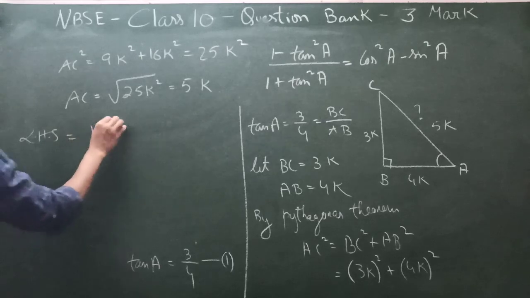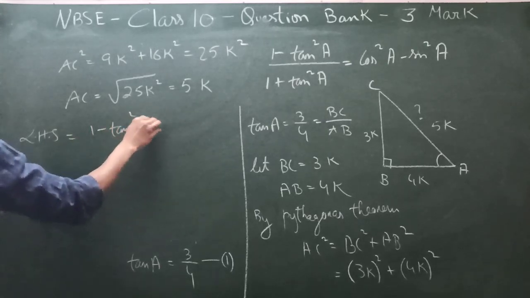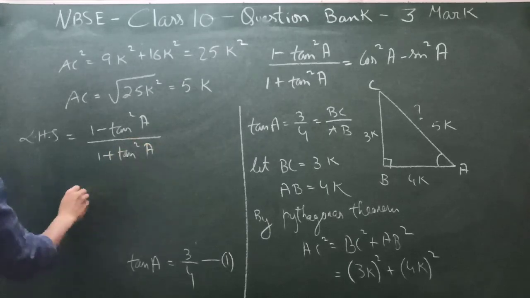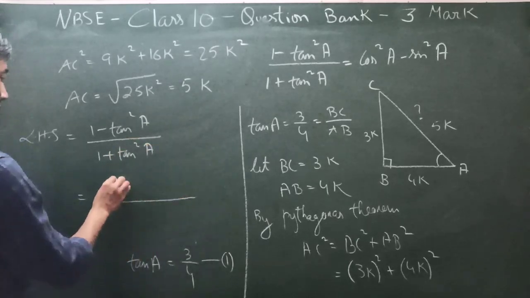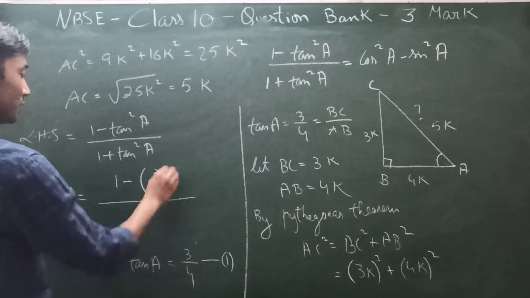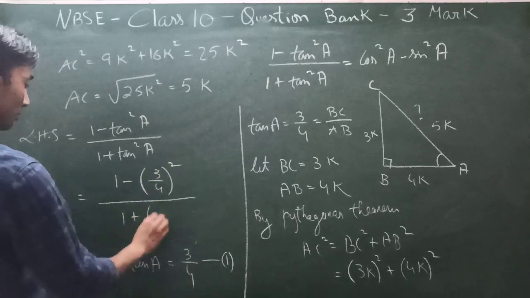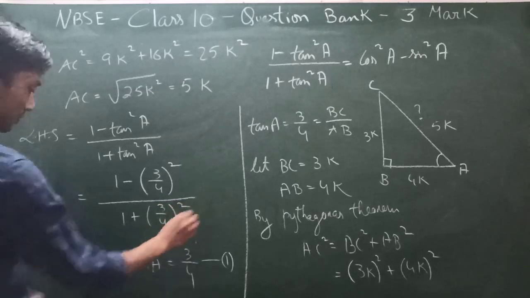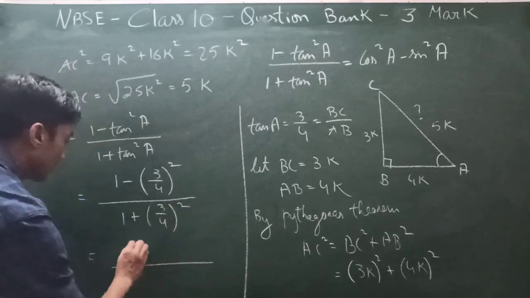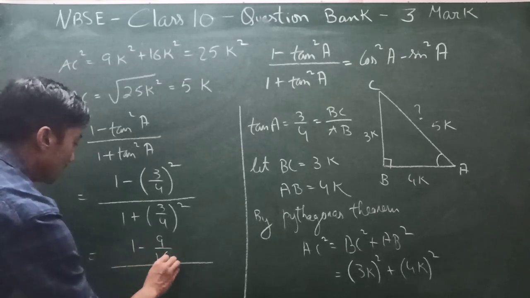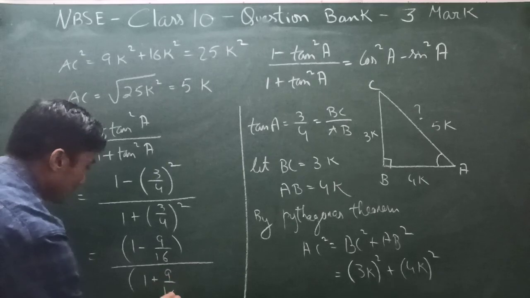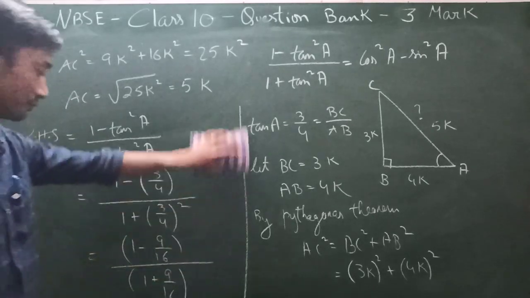Left hand side: 1 minus tan square A by 1 plus tan square A. For this, it is already given in the question that tan A is 3 by 4, but it is square. So 1 minus 3 by 4 whole square, by 1 plus 3 by 4 whole square. That's why we are trying to make our problems simple. So 1 minus 9 by 16, by 1 plus 9 by 16.